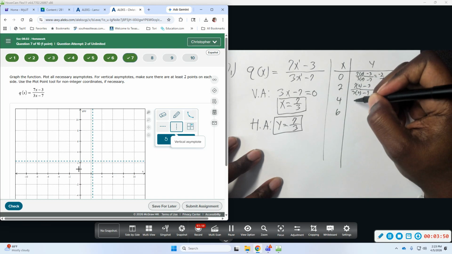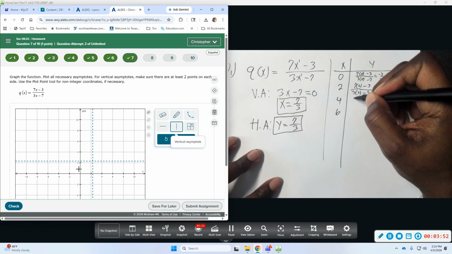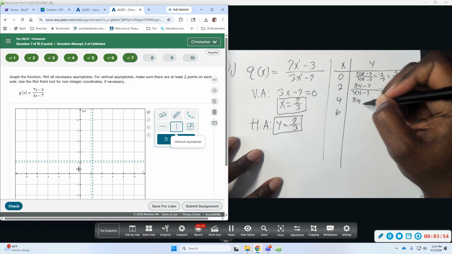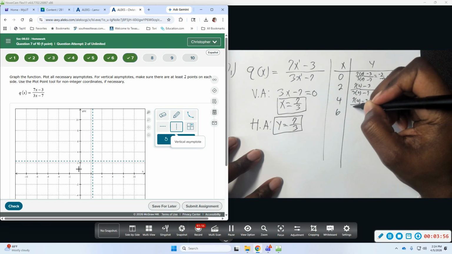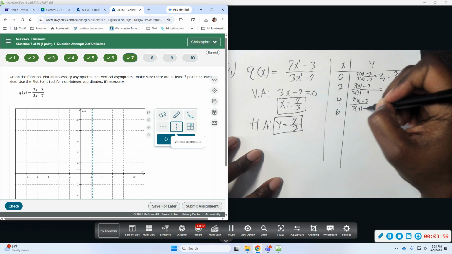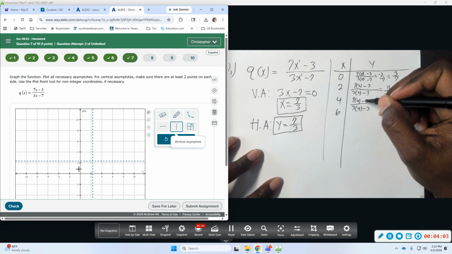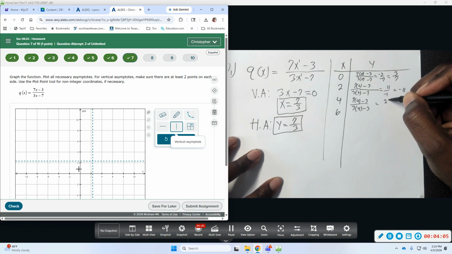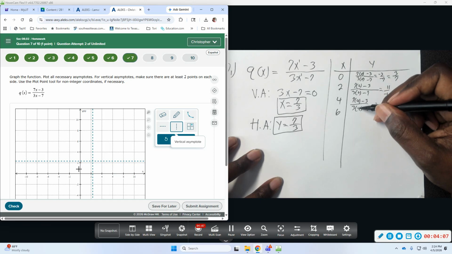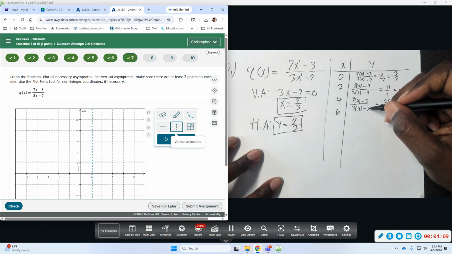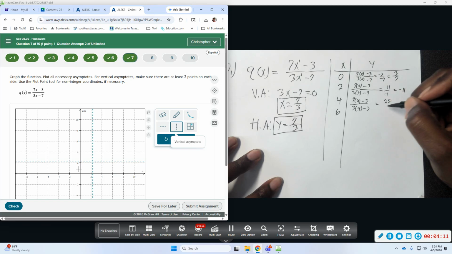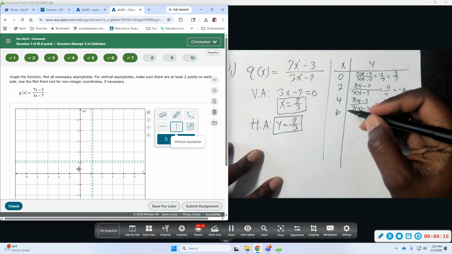Do the same thing with 4 and 6. 7 times 4 minus 3 over 3 times 4 minus 3. All right, 7 times 4 is 28. 28 minus 3 gives us 25. 3 times 4 is 12. 12 minus 3 is 9. And that won't reduce. And then we'll do 6.